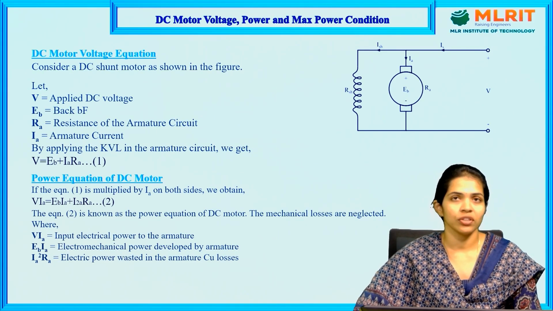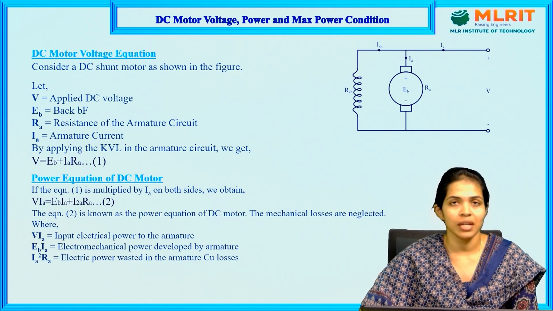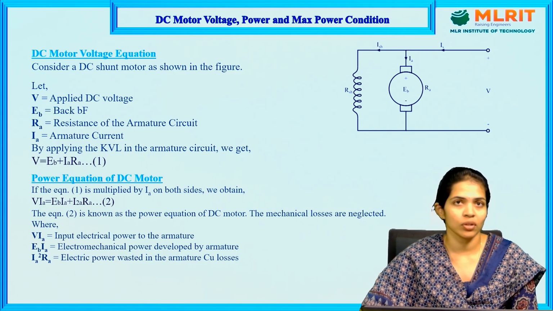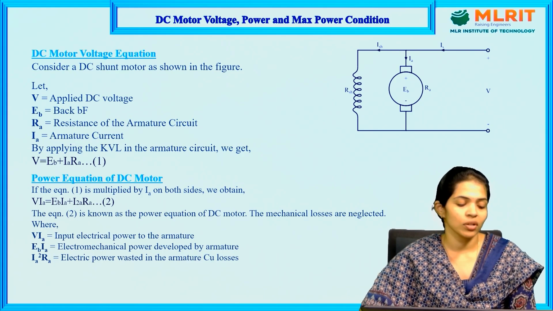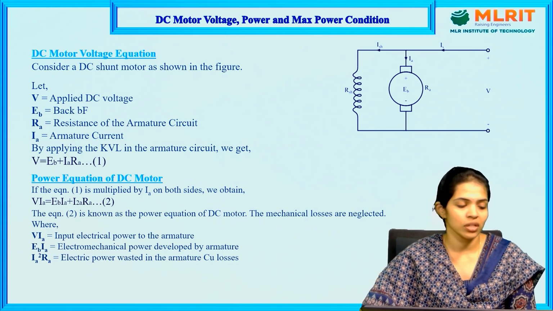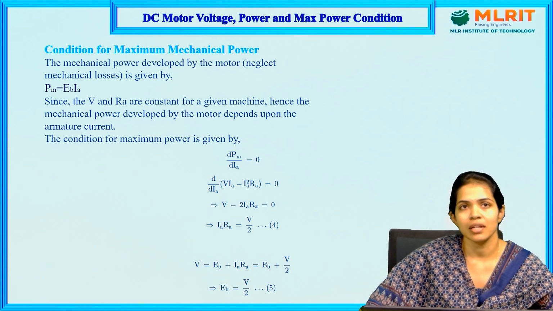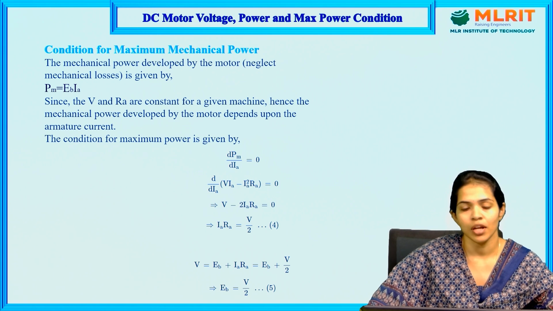So moving on to the first slide, before we discuss the losses and efficiency of a DC motor, we first are going to discuss the voltage equation of a DC motor. Then we are going to discuss the power equation of a DC motor. Then we are going to write the condition for attaining the maximum mechanical power for a DC motor.